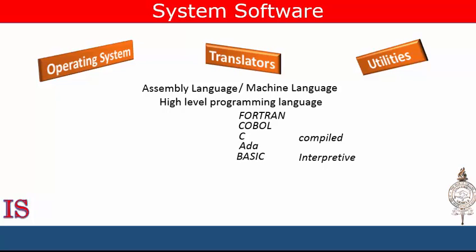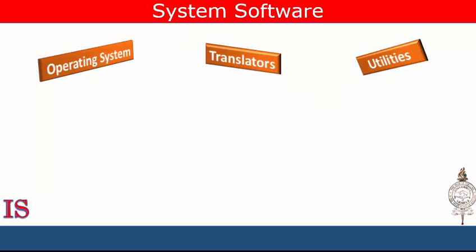Now let's look over our third category of system software. Utilities. There are many housekeeping chores, so to speak, that must be done on a computer. When one installs a new disk drive that has never been set up for use or cleans off an old one for reuse, a utility called format is needed.